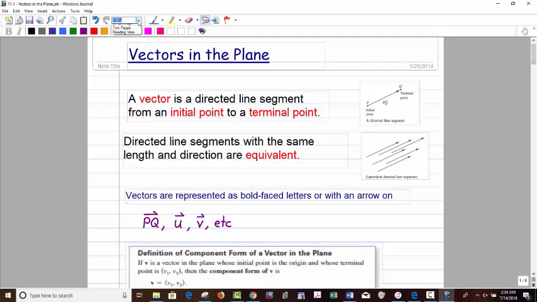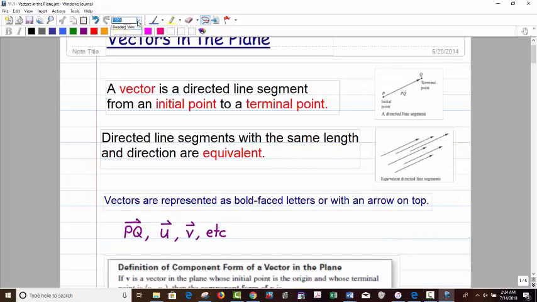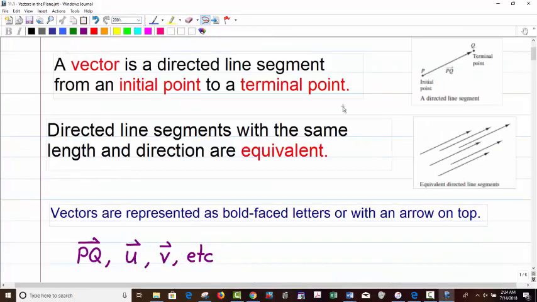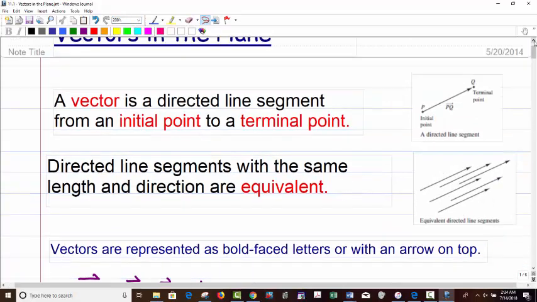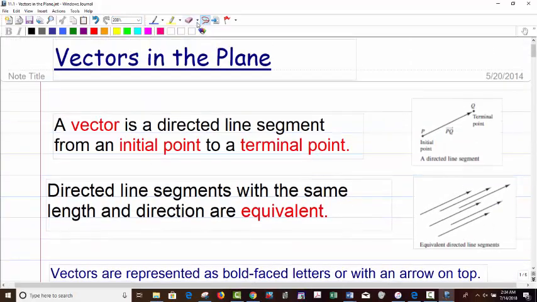So first thing we're talking about, a vector is essentially a directed line segment. Directed meaning, of course, direction matters. And where we have an initial point to a terminal point, this would be called vector PQ.